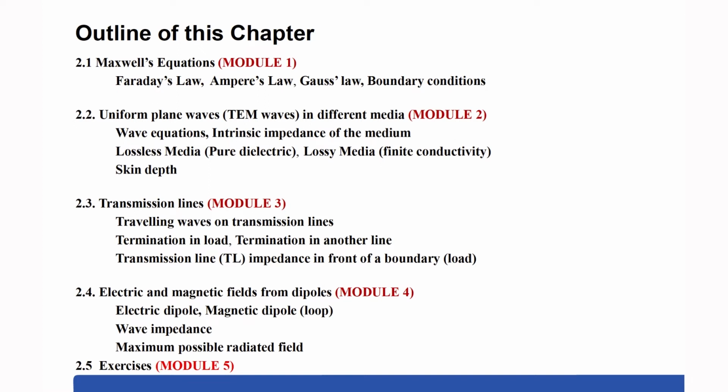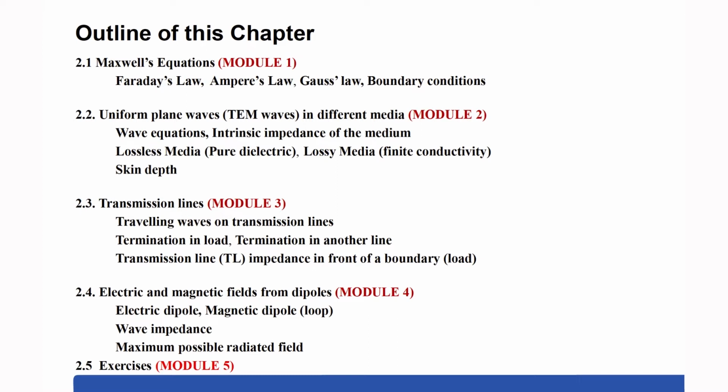In module 4, we will look into electric and magnetic fields from dipoles. We have cases in which component leads or tracks on printed circuit boards are causing electromagnetic disturbances. So we need to calculate how much will be emitted from this.